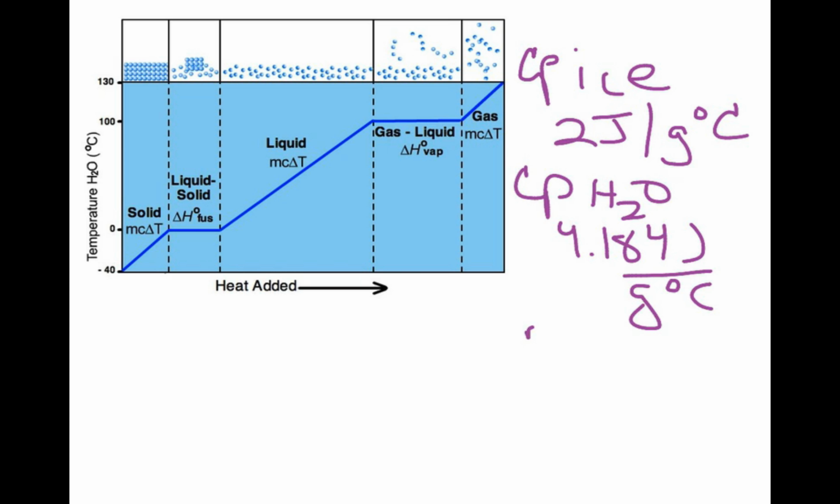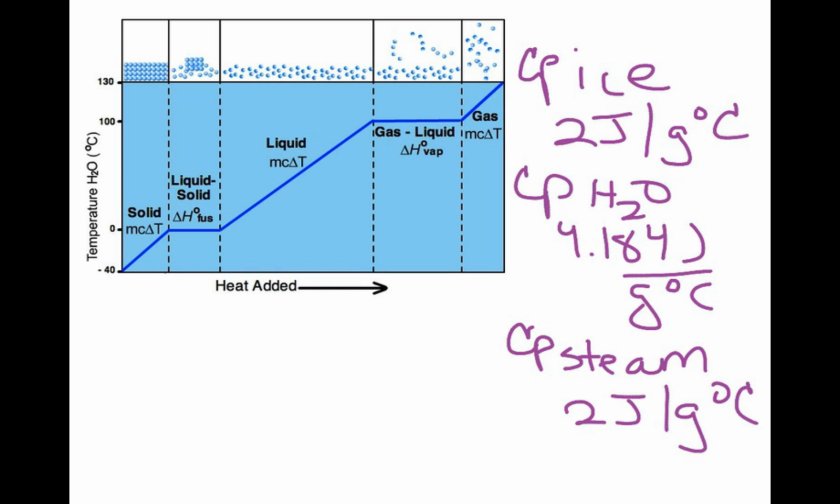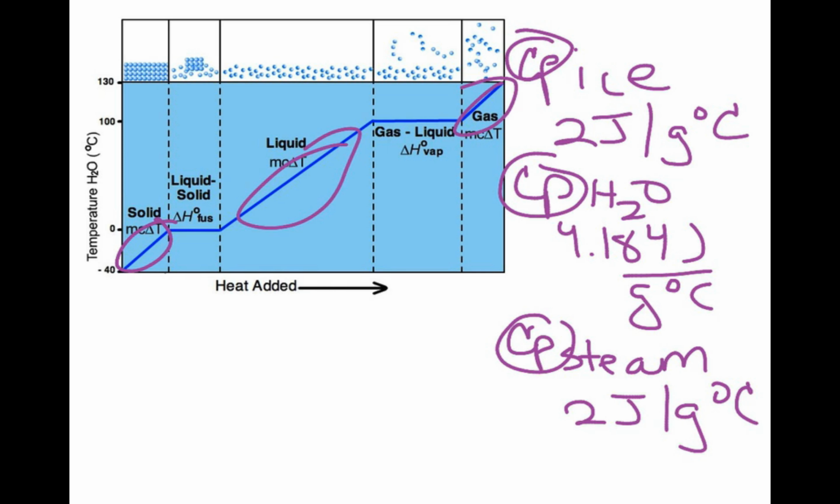And we need to know the Cp of steam, which is 2 joules per gram degrees Celsius. So now these Cps are going to take place. We're going to use these right here, right here, and right here.